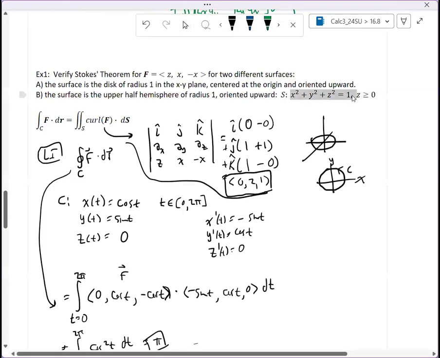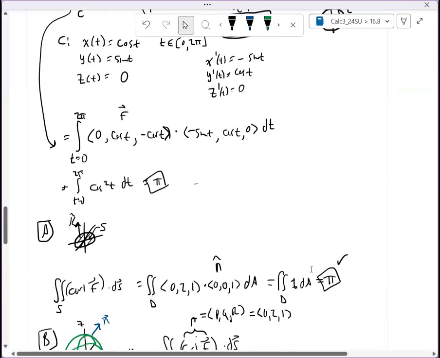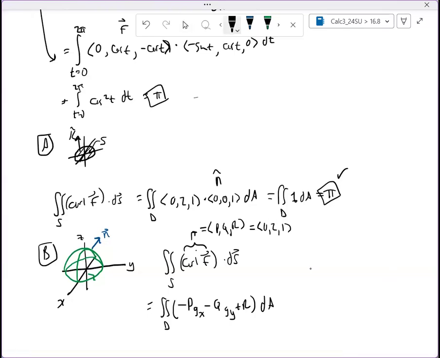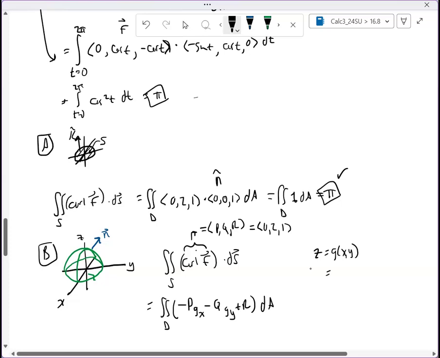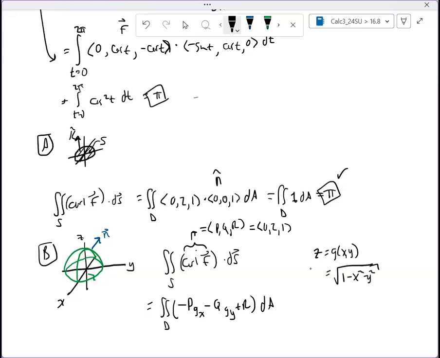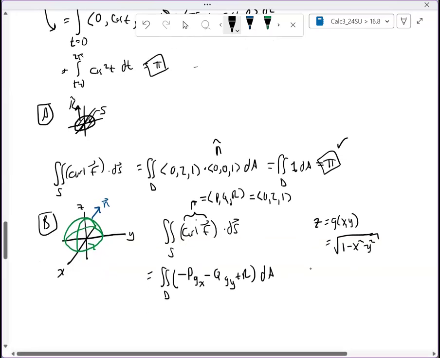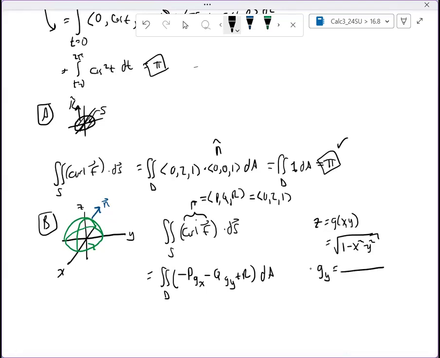Well, this upper half hemisphere with Z being positive, I can write as Z equals root 1 minus x squared minus y squared. And dg dy is 1 over root 1 minus x squared minus y squared times negative y.